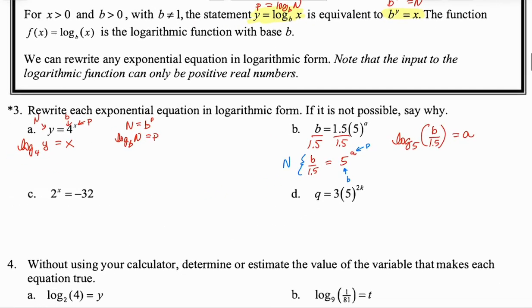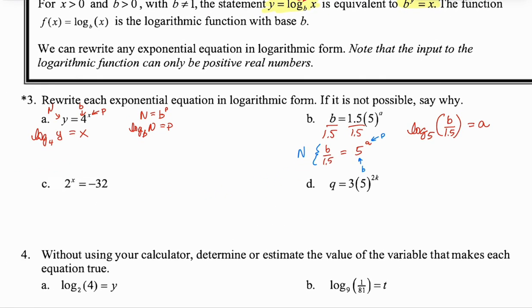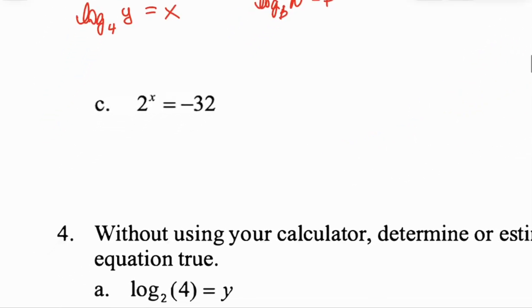Now, if you tried to do C, see how there is a negative 32 there. Let me show you what you would do. Our base is 2. Our power is x. Our answer is negative 32. So our power is the log base 2 of negative 32. But we can't have a negative in there. There's no way to put a power on a 2 to get a negative number.